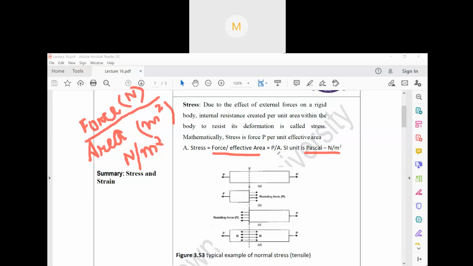Now, if you see these figures, as the definition says, some internal resistance is created per unit area within the body to resist its deformation.